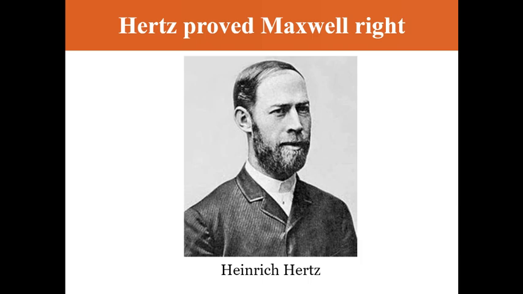That said, there were some things that the wave model of light could not explain. Hertz also experimented with something called the photoelectric effect. He noticed that he could eject electrons out of a metal plate if he shone ultraviolet light onto the plate.